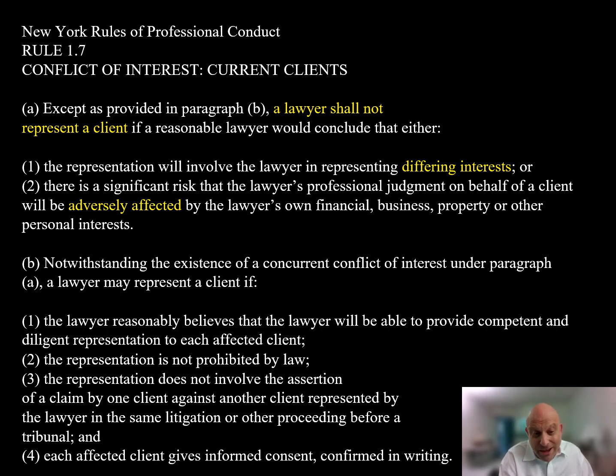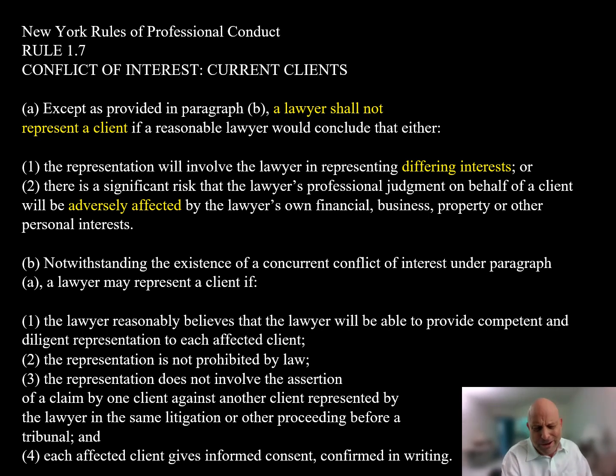B, notwithstanding the existence of a current conflict of interest. So even though there is a current conflict of interest, a lawyer may still represent a client if the lawyer reasonably believes that the lawyer, again, judgment call, which personally I think is dangerous.